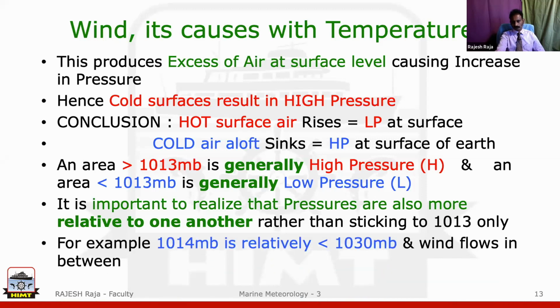A small example: you might find areas adjacent to each other, one is 1030 and another is 1014. Please remember, by definition, they both are high pressures. But relatively, you should realize 1030 is higher than 1014. So there will surely be movement of air between these two areas. This is something important you need to understand. It is not absolute alone, it is relative also.